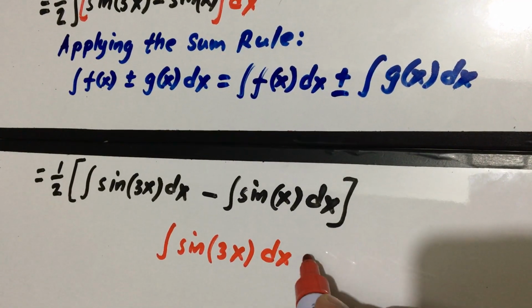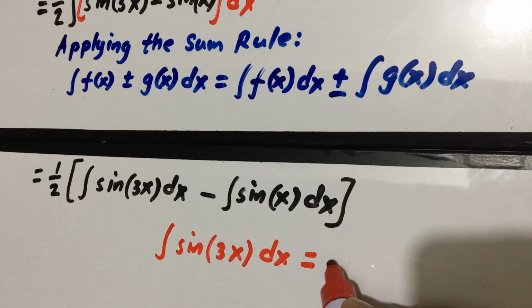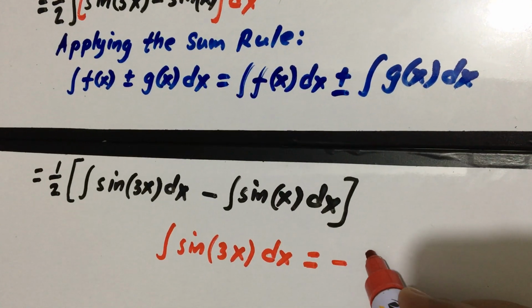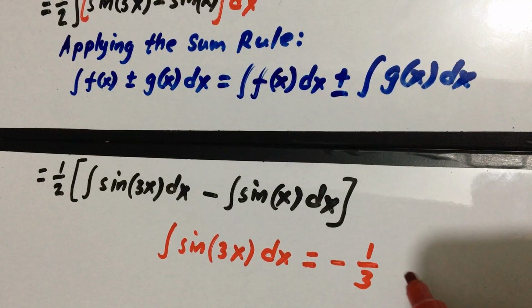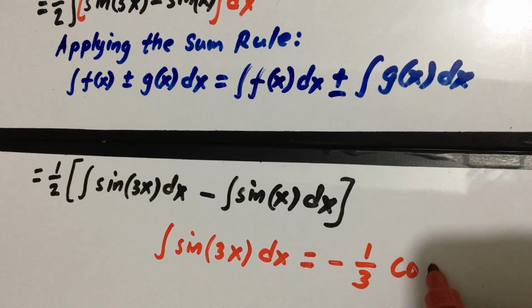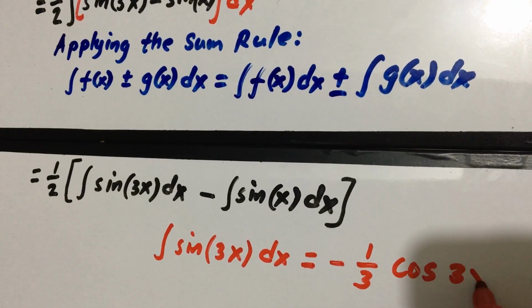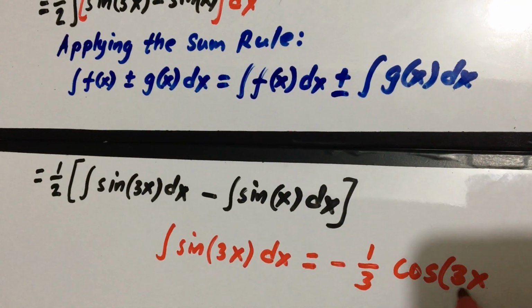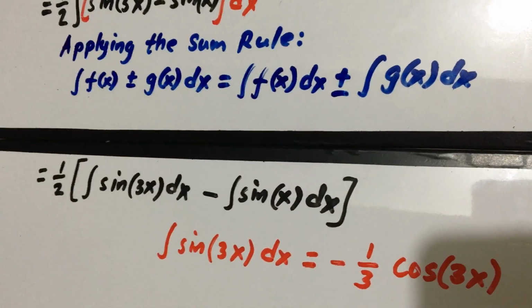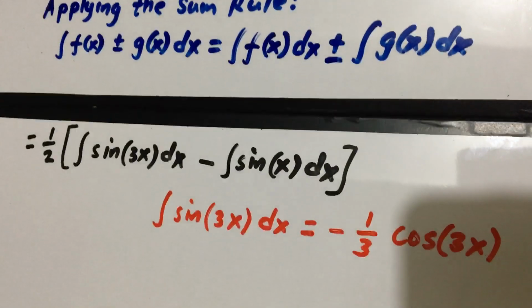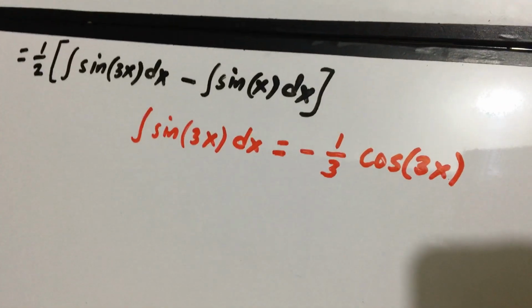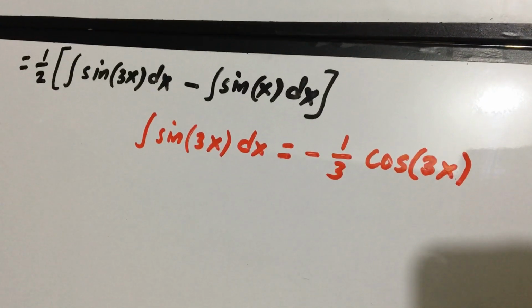This is just equivalent to minus 1/3 cosine 3x. All right, so where did we get this one? How will we show the steps on how to get that one?